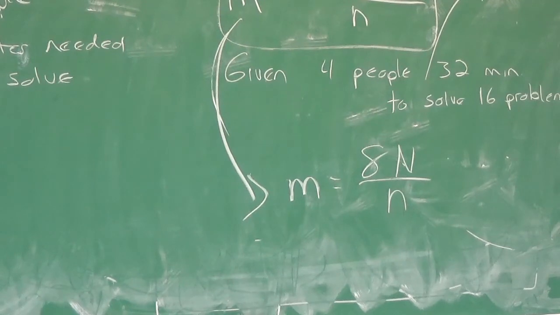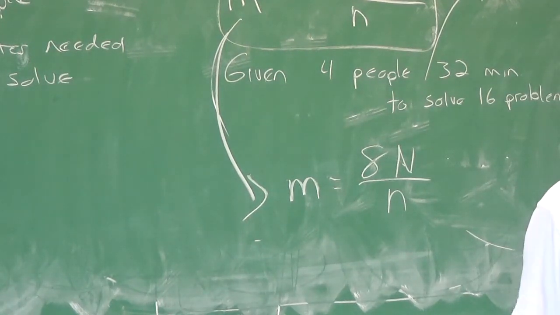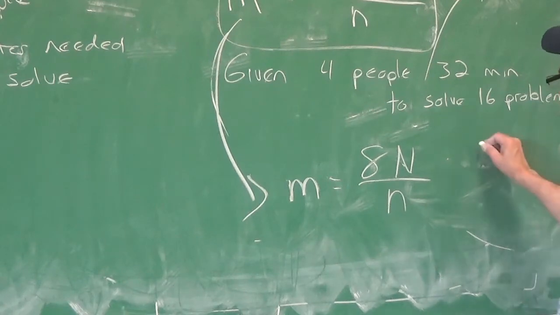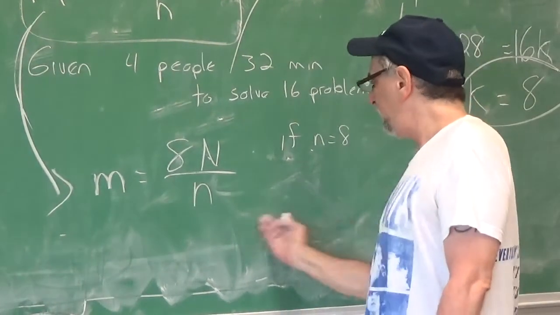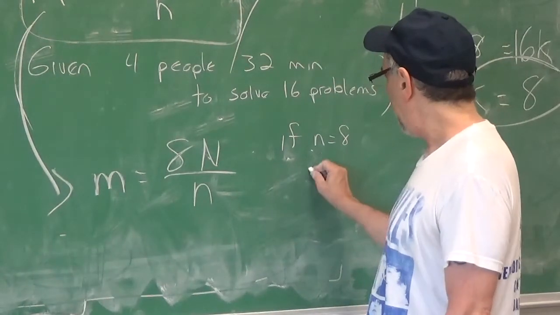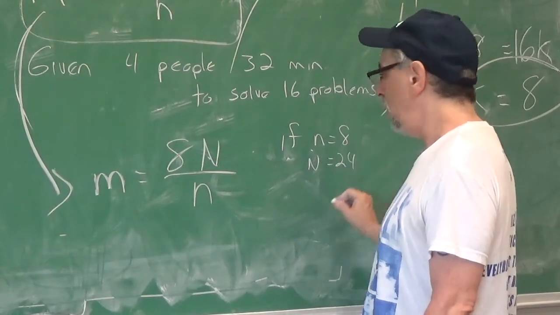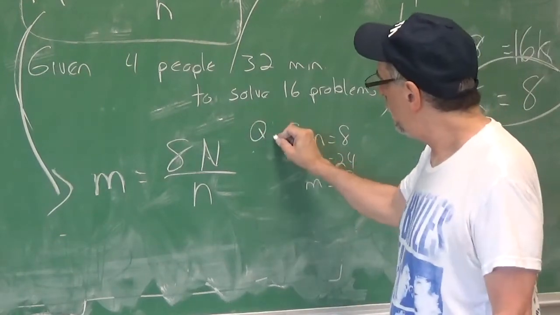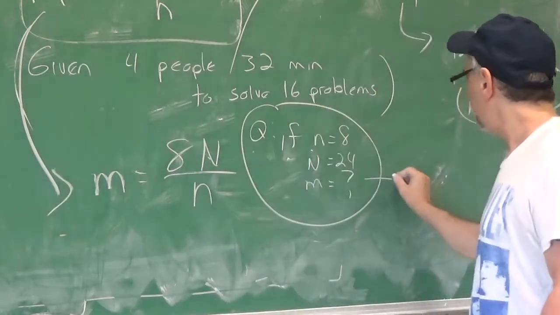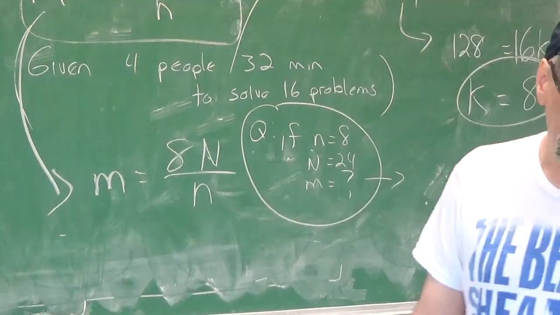Next question says, how many minutes will it take 8 people to solve 24 problems? All right, so if n equals 8, and p equals 24, what is m? That's the question being asked. I believe we should make sure I got that right.